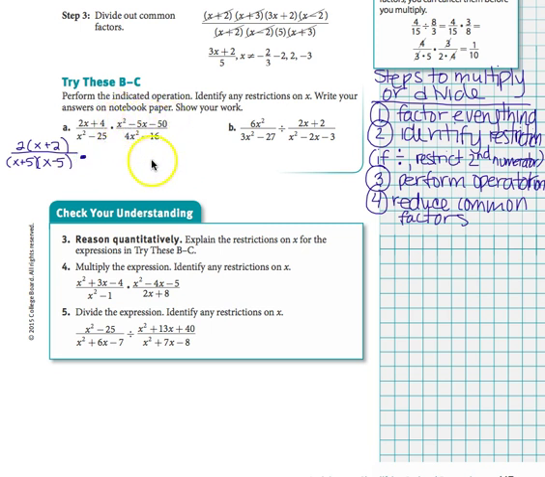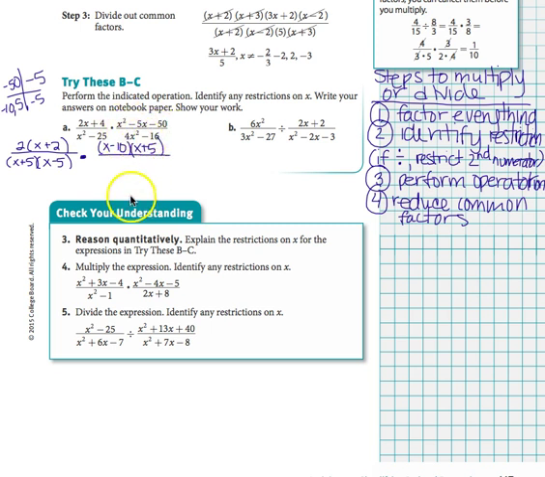Second numerator, there is no GCF and it's not a special product, so this is chart factoring. Looking for what multiplies to negative 50 and adds to negative 5. Negative 10 and positive 5 would add to negative 5, so those are our winners. So it's going to be x minus 10 times x plus 5.